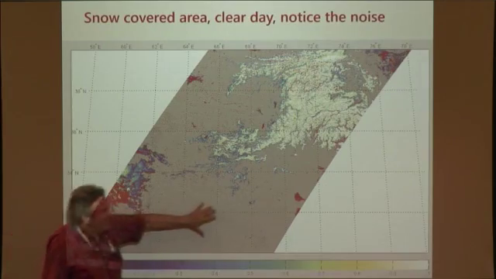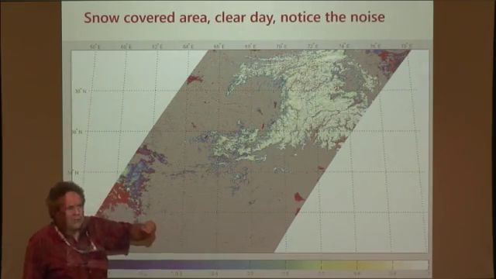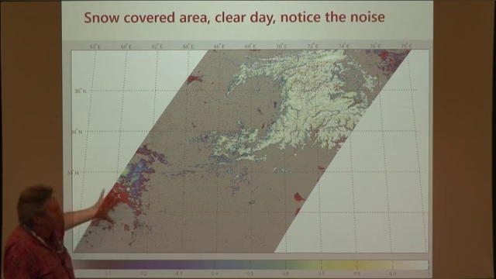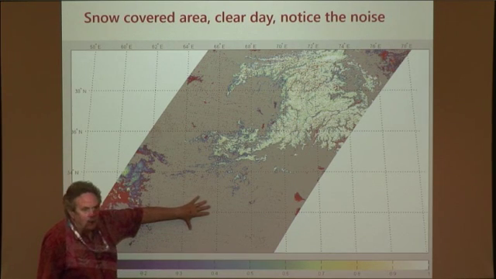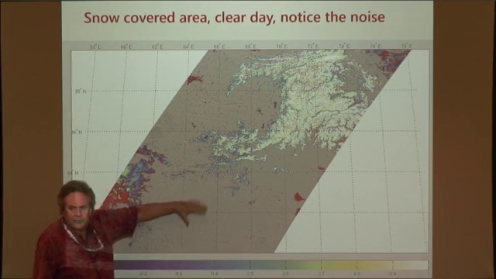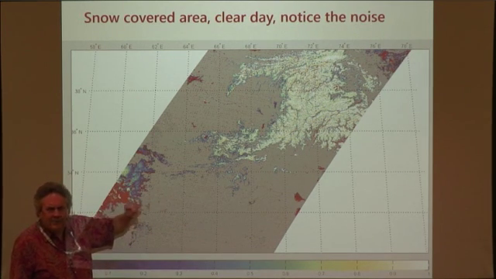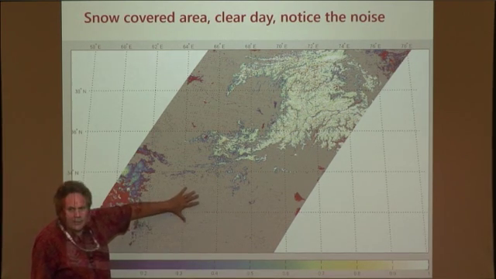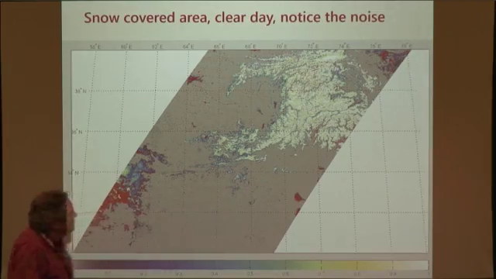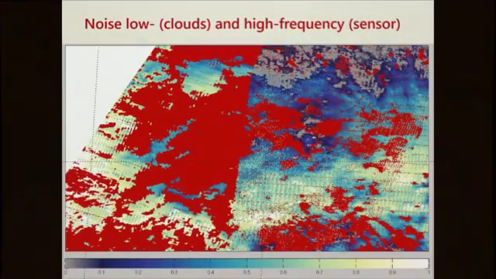What we end up with, though, is both low frequency dropouts caused by the clouds, and also high frequency noise because one of the MODIS bands is starting to go bad a little bit. It's got some periodic noise in it, indicated by these little red dots.